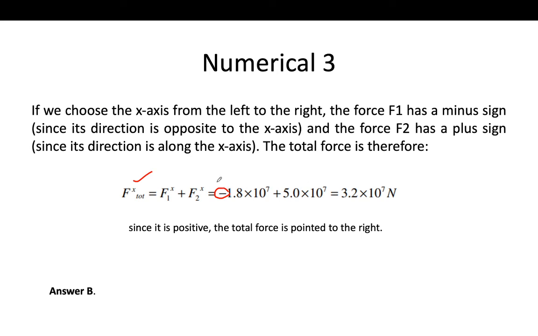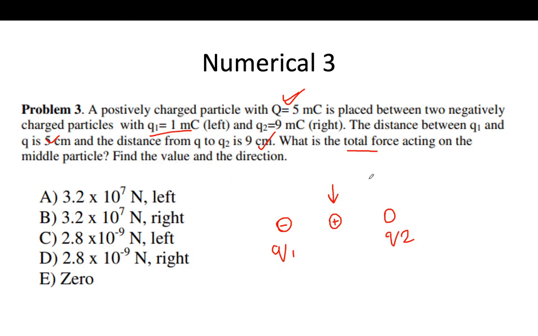So that's why we use minus, and our answer is 3.2 × 10 raised to power 7 Newton.